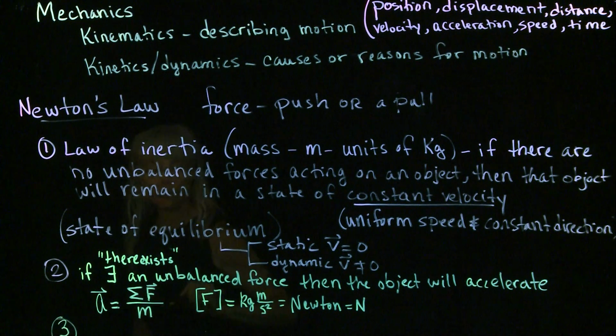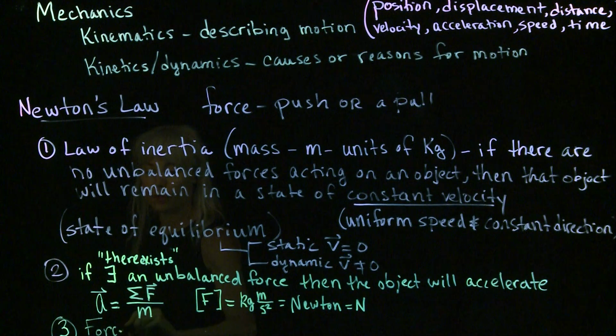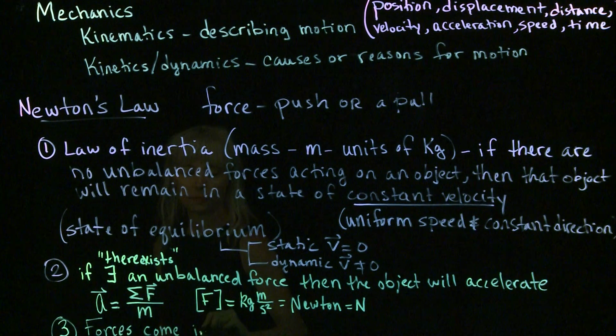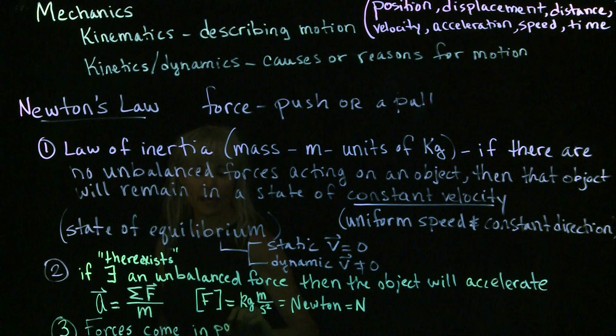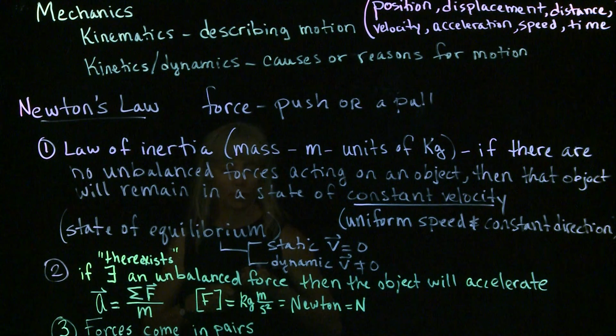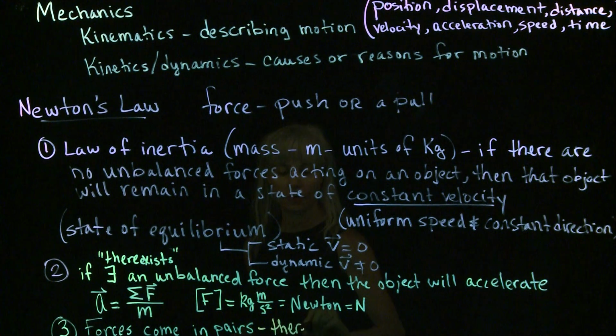Newton's third law is that forces come in pairs. Okay, and what does that mean, forces come in pairs? Well, it means you can't have an isolated force, okay? There are no isolated forces.